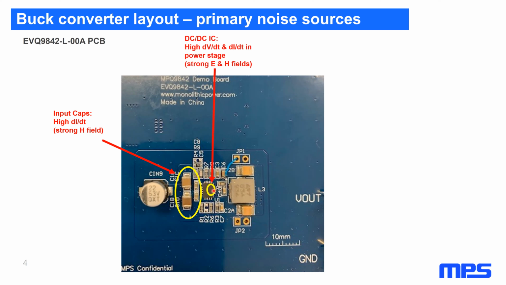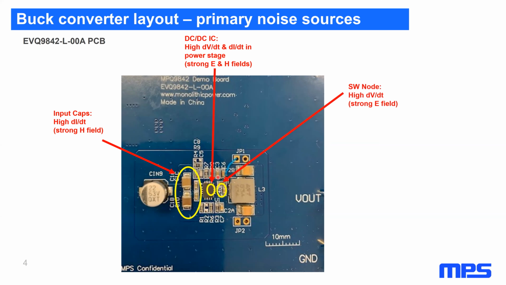If we were to also measure around the IC or just above the IC, we can pick up both strong E and H fields because we have high di/dt currents circulating in this circuit when the FETs are turning off and on, as well as high dV/dt because we're switching from our input of 12 volts down to a lower voltage.